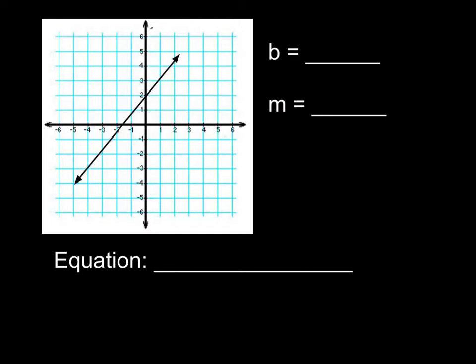So I'm going to go over to my line and look for where it crosses the y-axis. The y-axis is the vertical axis, and the line crosses it at 2. So in this case, my y-intercept is 2.